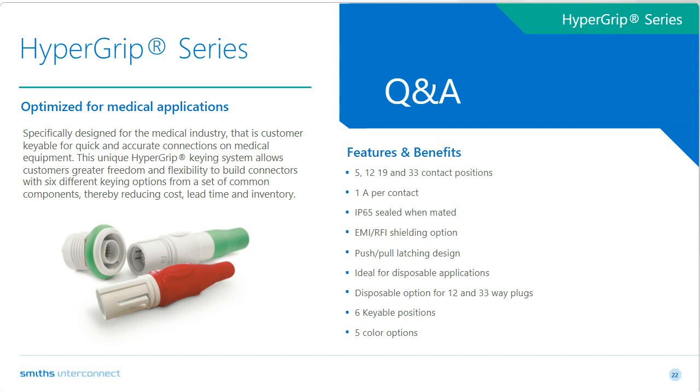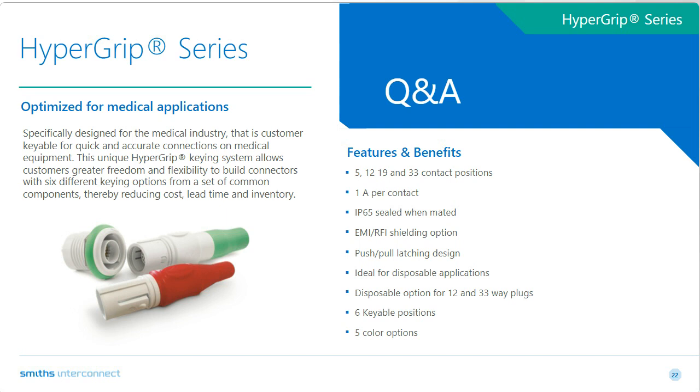Gentlemen, our next question: how does the latching system work in the Hypergrip connectors? Hey Dan, I can take this one. With the latching on the Hypergrip and Hypergrip Flex series, the housing features a two-piece plastic design with one overlapping the other.